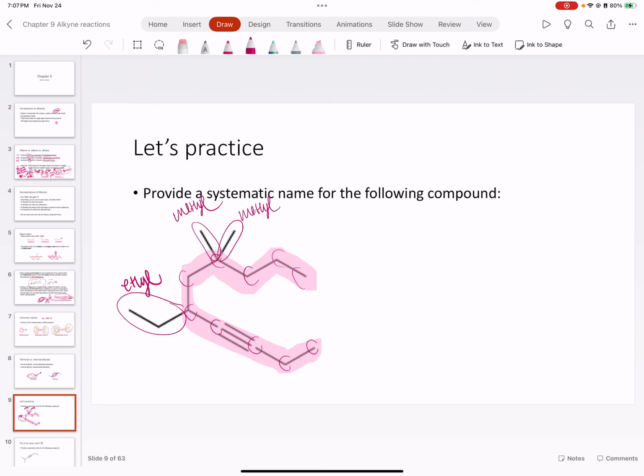Then remember, when we're numbering, we want our alkyne to have the smallest number possible. So we might want to start counting this way. So we have 1, 2, 3, 4.